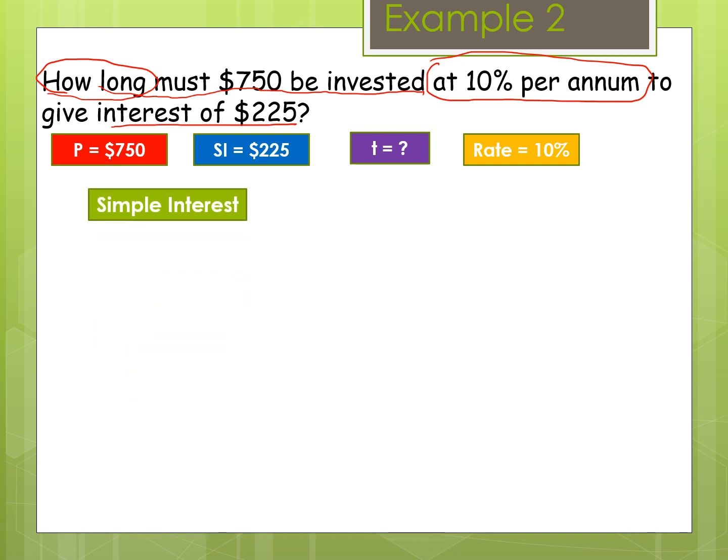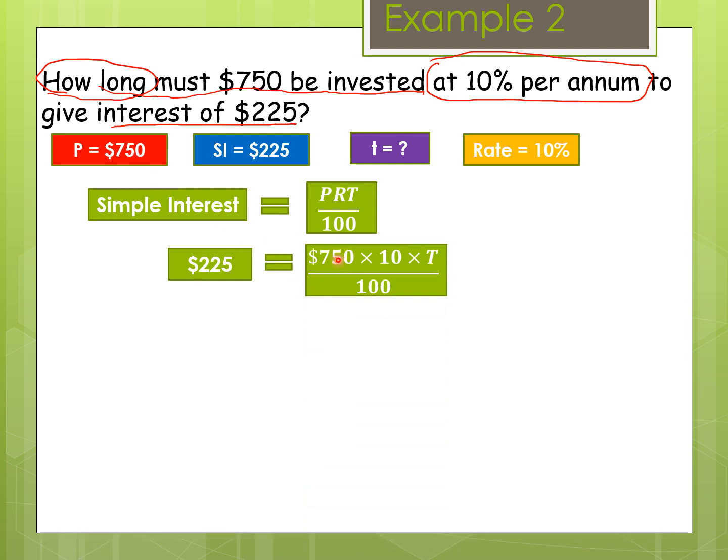Formula, simple interest equals PRT over 100. So let's substitute. Simple interest is $225 equals the principal is $750 times 10 rate, and we don't know the time, so we're going to leave T over 100. Again, we want to get rid of the denominator on this right hand side. So we're going to multiply both sides by 100.